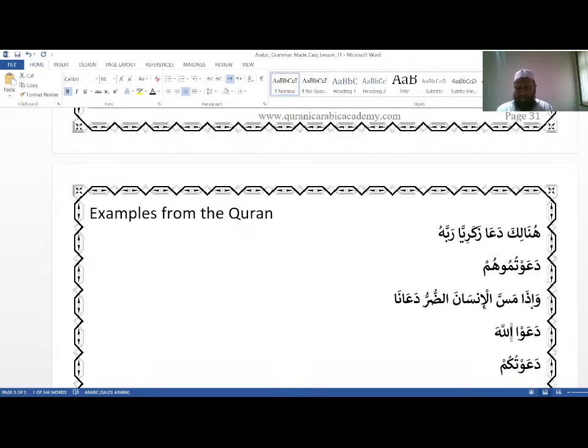But how can we when there is a sukun before it? Yes, we did learn a simple rule when we need to put a haraka on a sakin letter. Normally, what haraka do we put? Kasra. But because this is the jama siga, we cannot put kasra here. We'll put a dhamma to keep it jama siga. Da'awullaha, they called Allah.